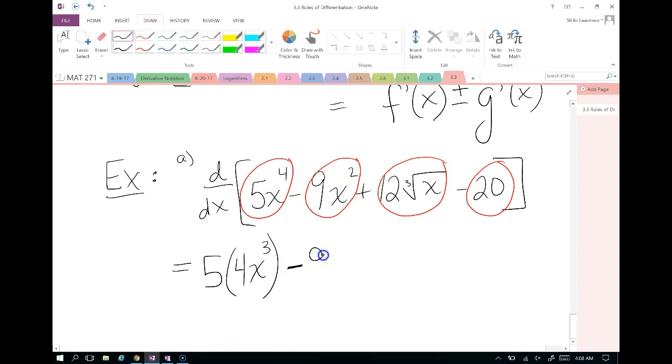9 is a coefficient. It just carries down to the answer. And I do my derivative for x squared. So that's x to a power. The power rule says bring the old power out front and subtract 1 for the new power. For my cubed root, we're going to want to rewrite that as x to the 1/3.